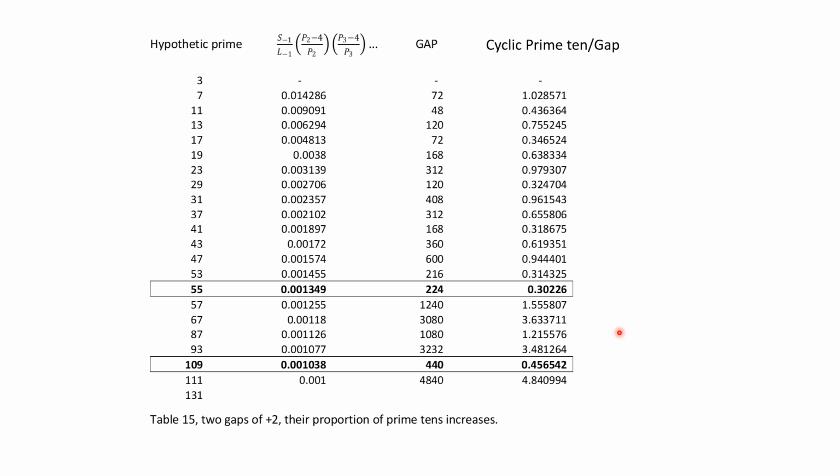And it is important to know that when we go to billions, trillions of numbers, there are going to be a lot of gaps of +10, +20, +30, and more. We see that even the gaps of +2 are going to increase from one to another, right?